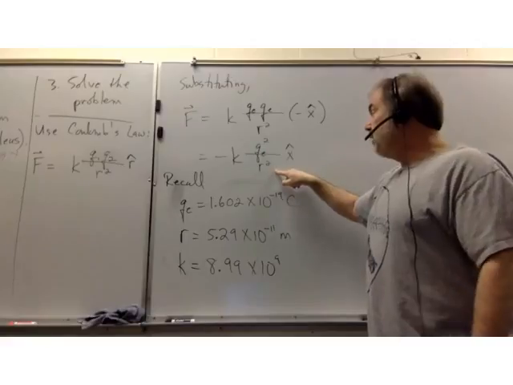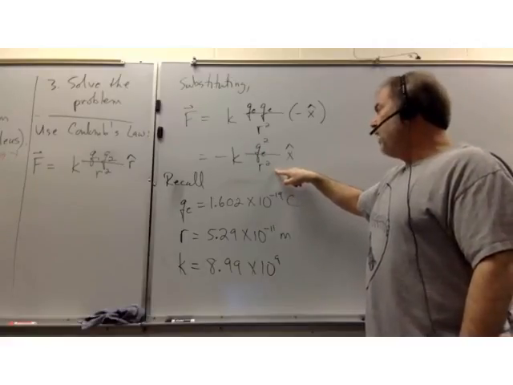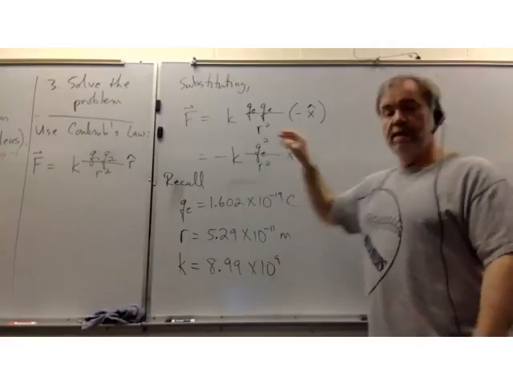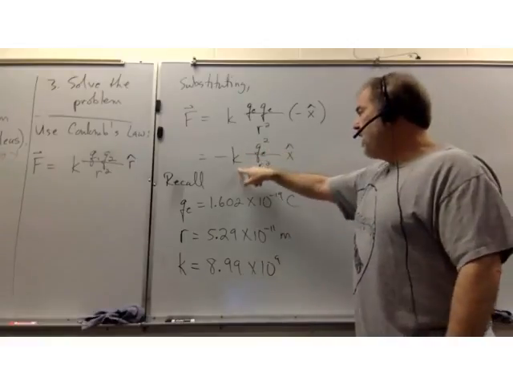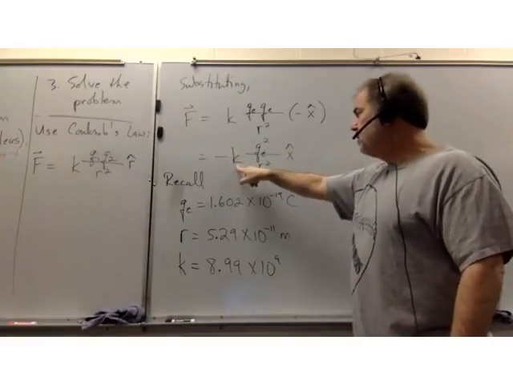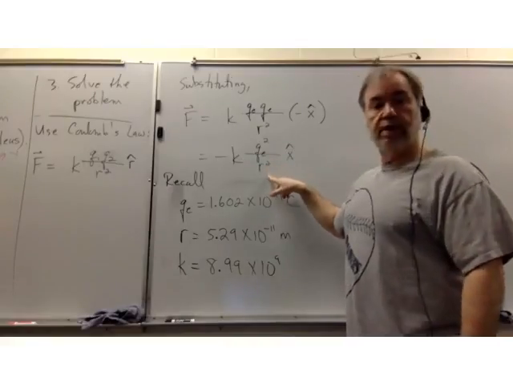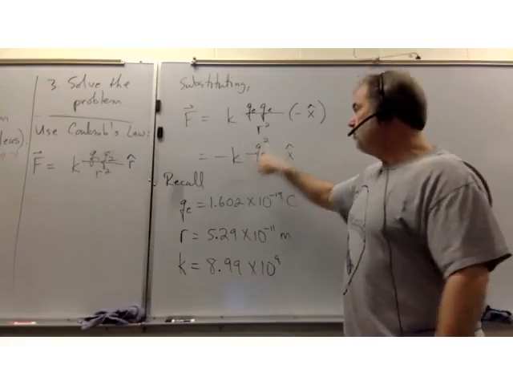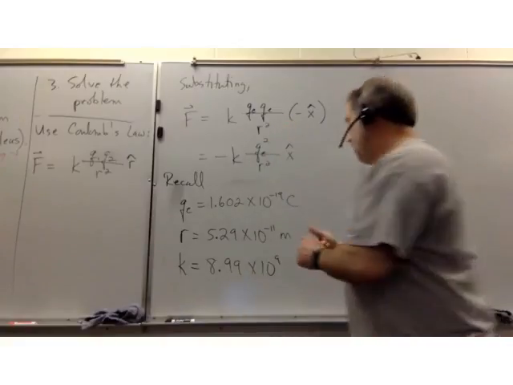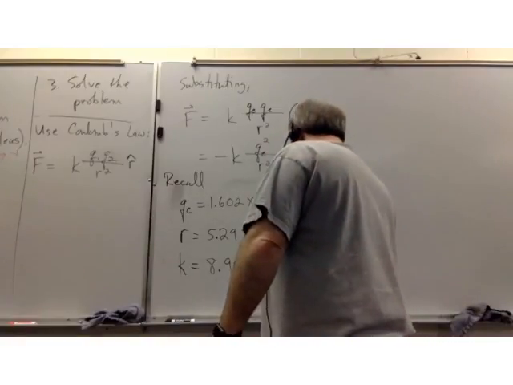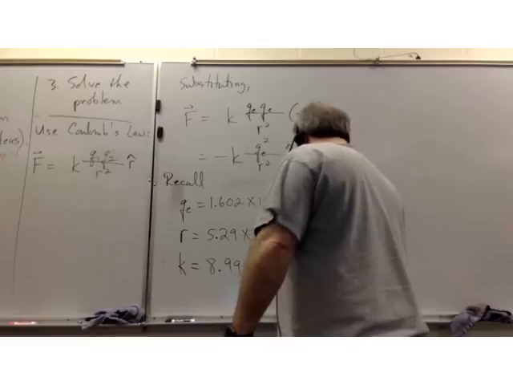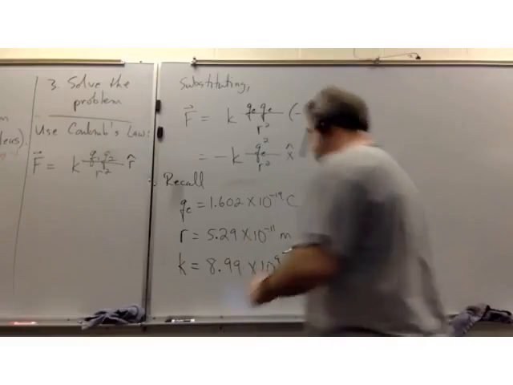In the denominator, we have meters squared. And we need everything to cancel except newtons. And so that means that k has to have units of newtons times meters squared, to cancel out the meters squared in the denominator, divided by coulombs squared. Okay? And so we have newton meters squared over coulomb squared.